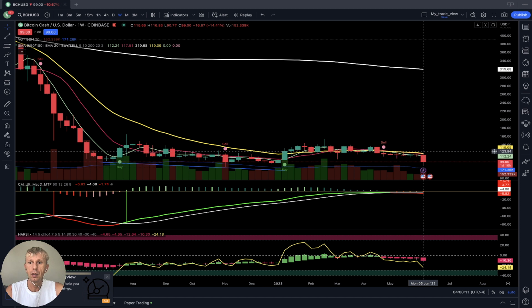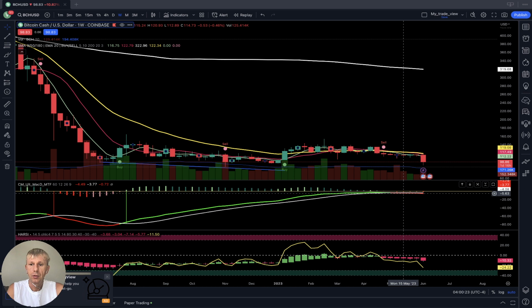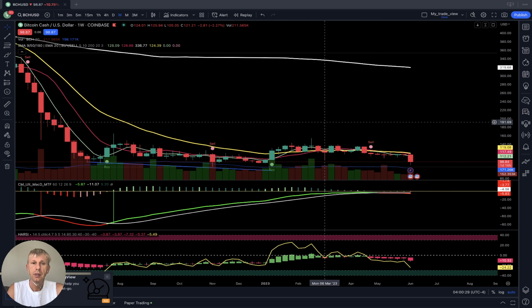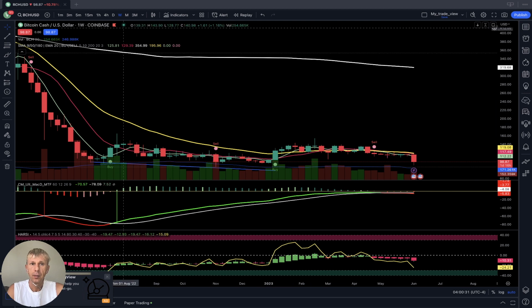MA20 at around 120. Very oversold bearish trend. And now this bar is minus 14.5%. Bearish trend on MACD, on RSI, on Fibonacci, all indicators in a bearish position.